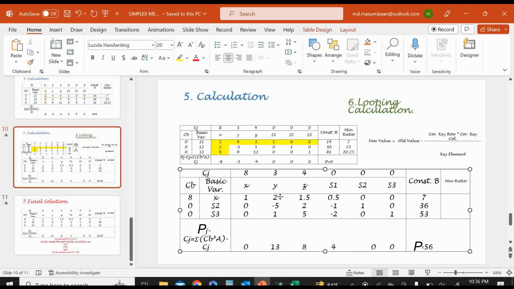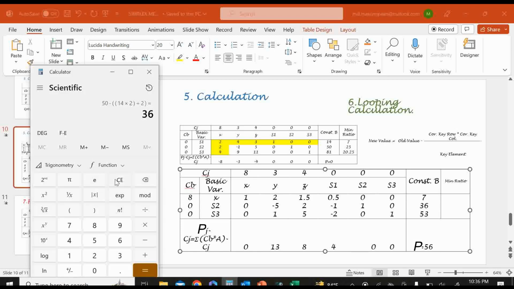Again 8 into 2, 8 multiply 2 minus 500 plus 100 minus 3, which is 30.